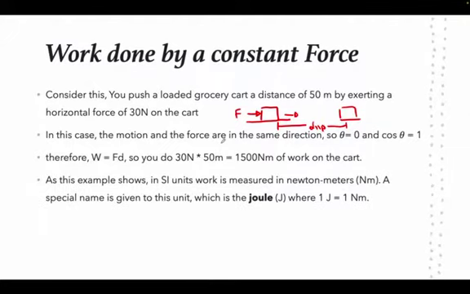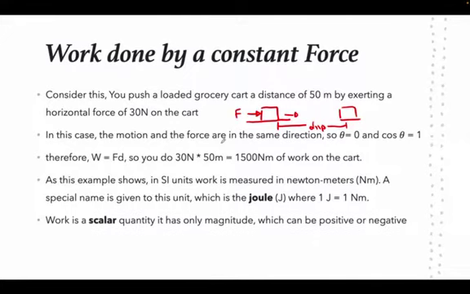Now notice here that the unit of work is the newton meter, but there's a special name given to this unit, which is the joule. All right. Now, work deals with two vector quantities, which are force and displacement. But work itself is a scalar quantity, right? Which means that work can be positive or negative, but you don't have a specific direction.